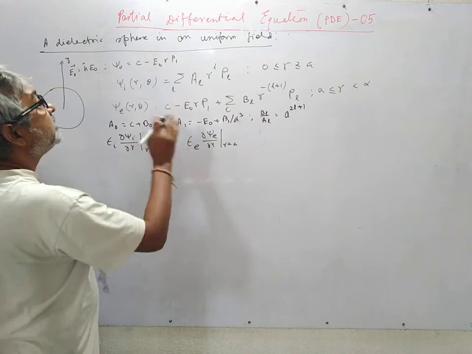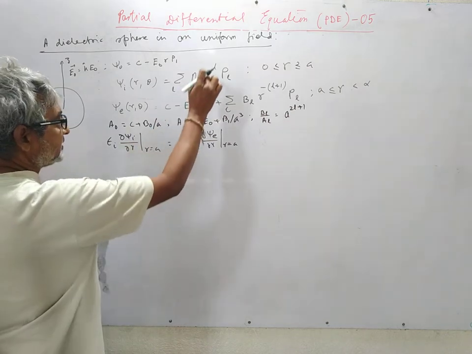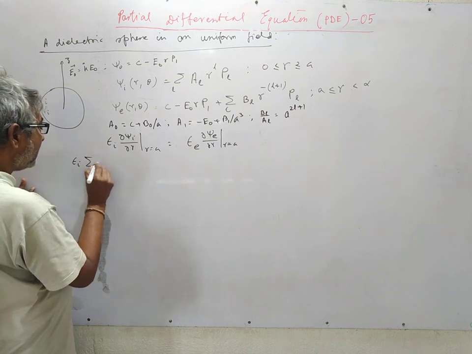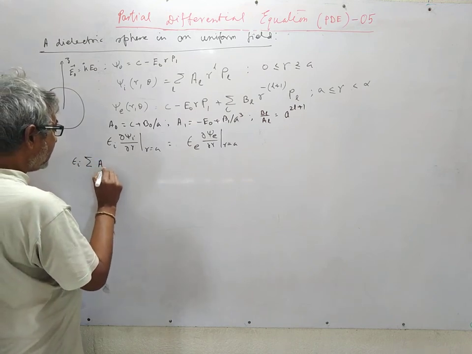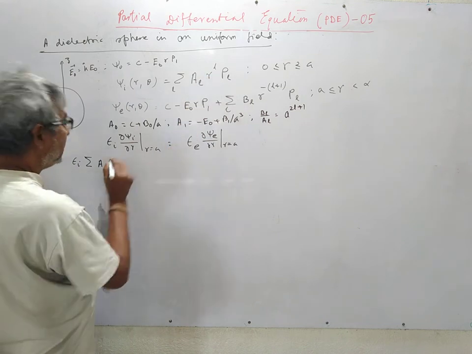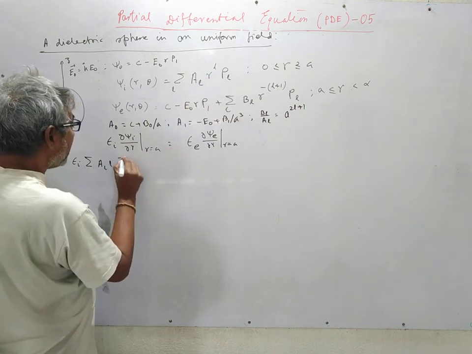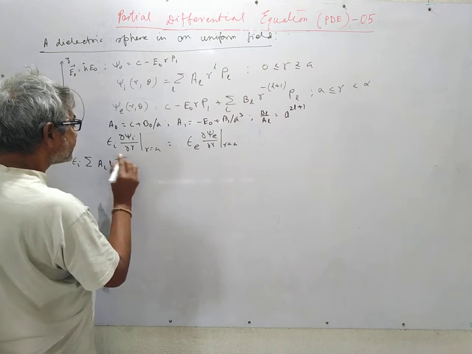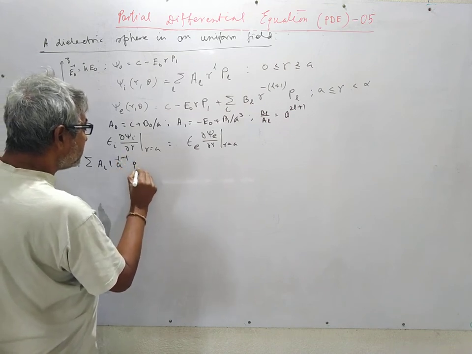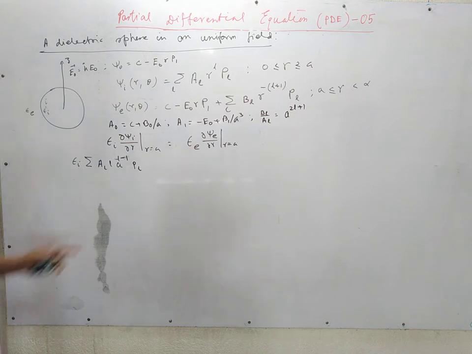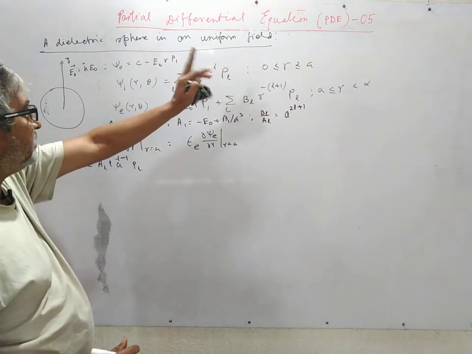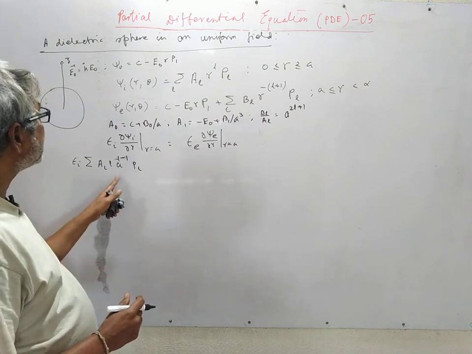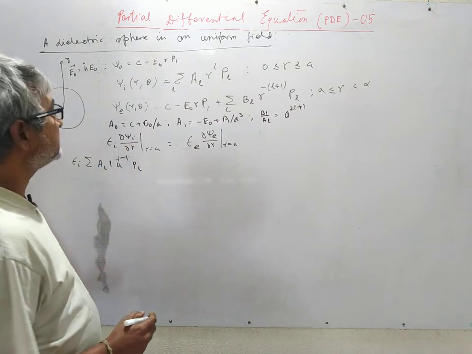We have removed the minus sign from either side. If we differentiate this, we have epsilon I AL L a to the power L minus 1 PL of cos theta. If we differentiate r to the power L, we have L r to the power L minus 1, which at r is equal to A becomes this.